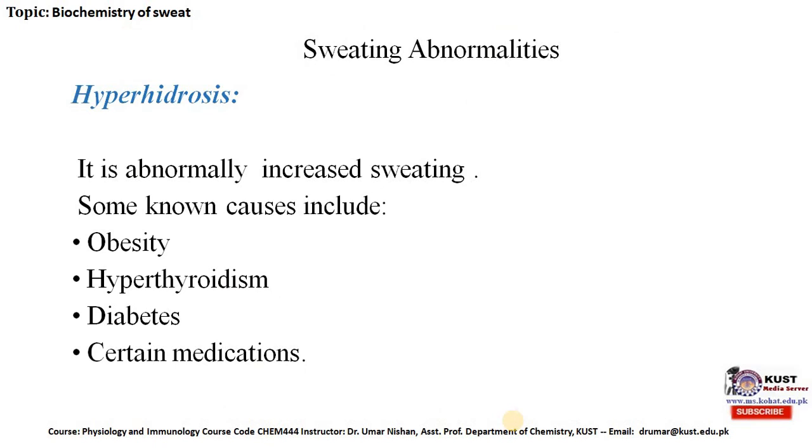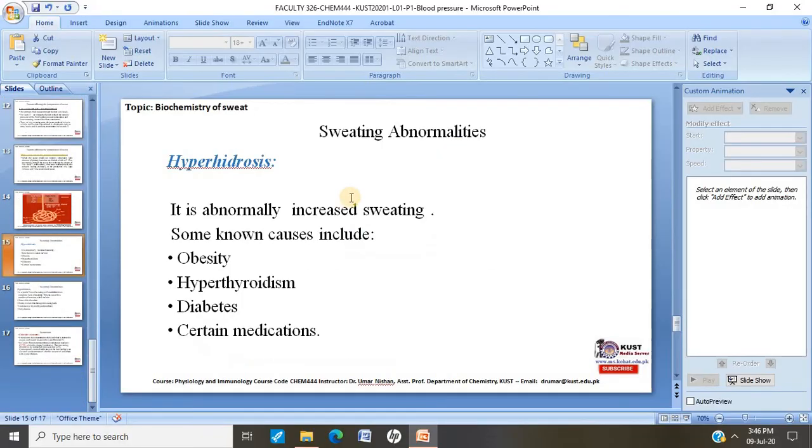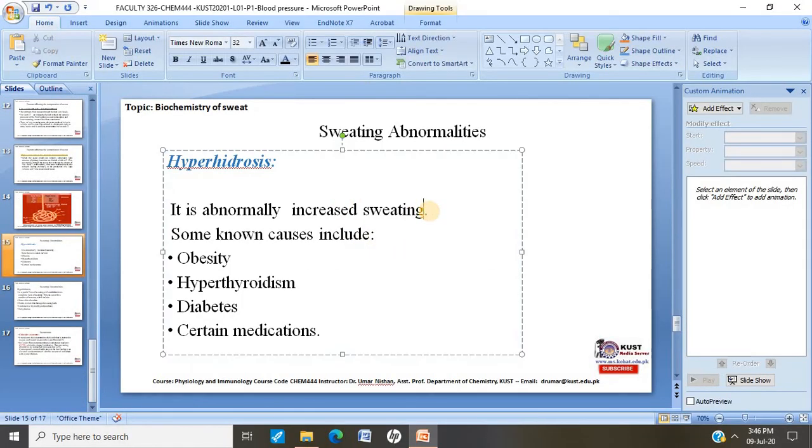Now there are certain abnormalities associated with the process of sweating. One of those abnormalities is hyperhidrosis. Hyperhidrosis means abnormally increased sweating, that is, when the sweating is higher than normal.